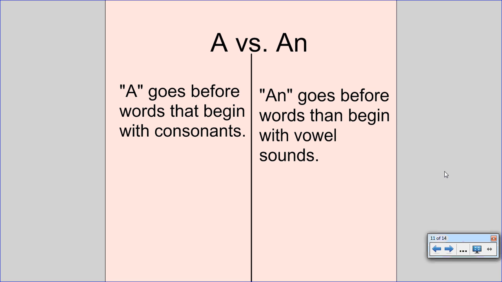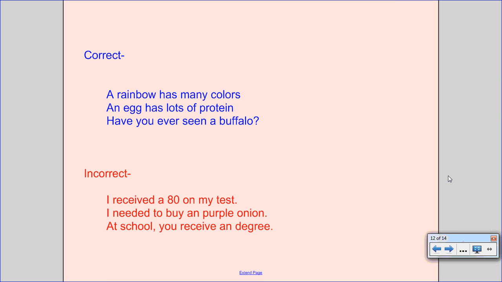So, for instance, an iPhone. Let's look at our examples. Correct: a rainbow has many colors. An egg has lots of protein. Have you ever seen a buffalo? In this case, rainbow begins with a consonant sound, egg begins with a vowel sound so you have an, and buffalo begins with a consonant sound.